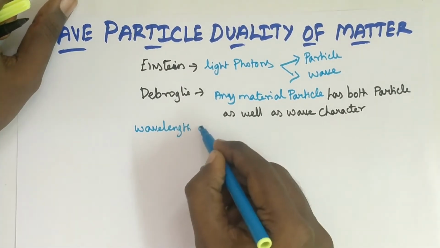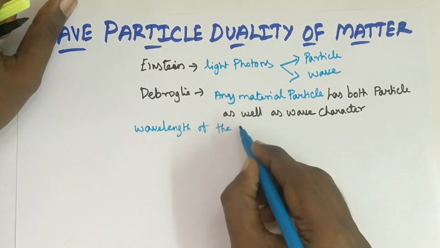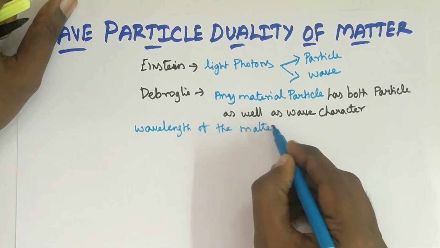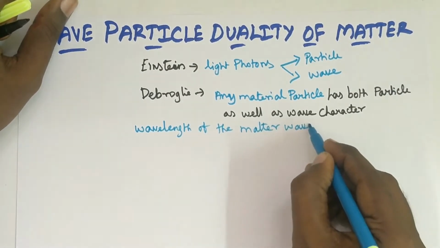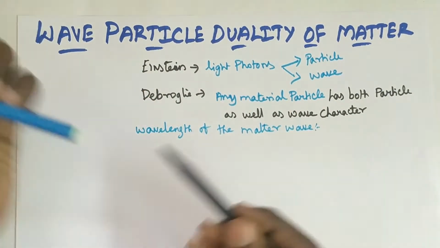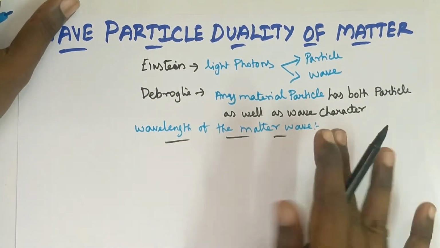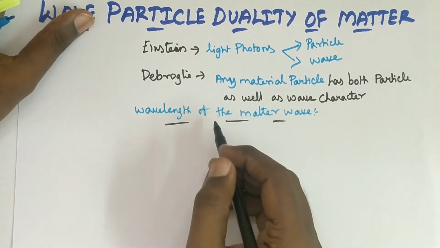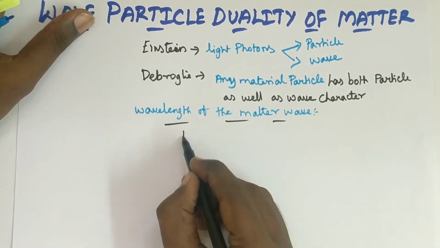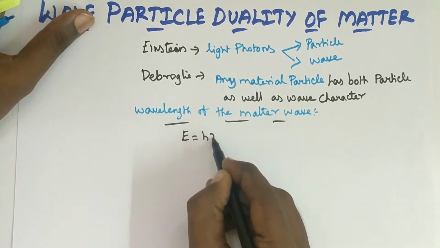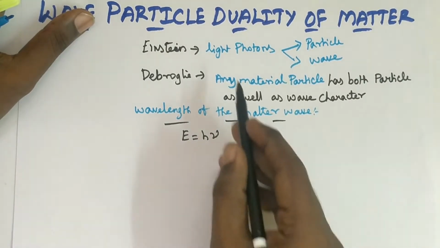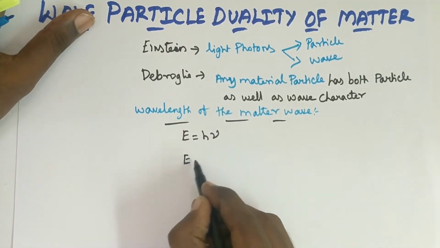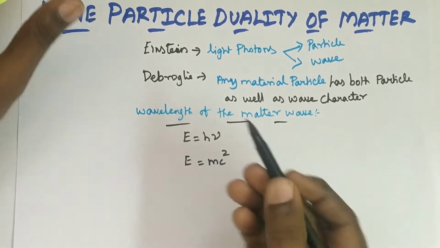the matter wave equation. He derived the wavelength of the matter wave by using two equations. One is Planck's quantum hypothesis, which we have already seen, E is equal to h nu. Another one is Einstein's mass energy equation, E is equal to mc square.